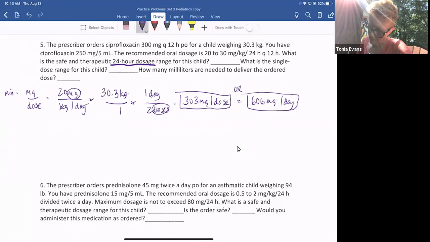Max. All right, milligrams per dose. Our max is 30 milligrams per kilogram per day. Everything else remains the same.